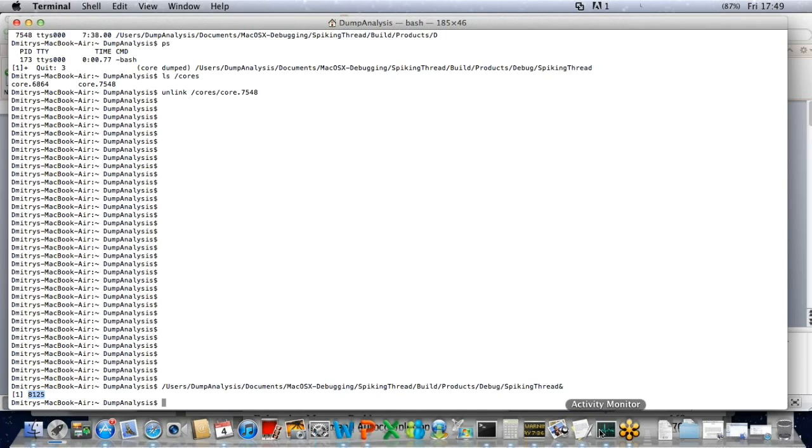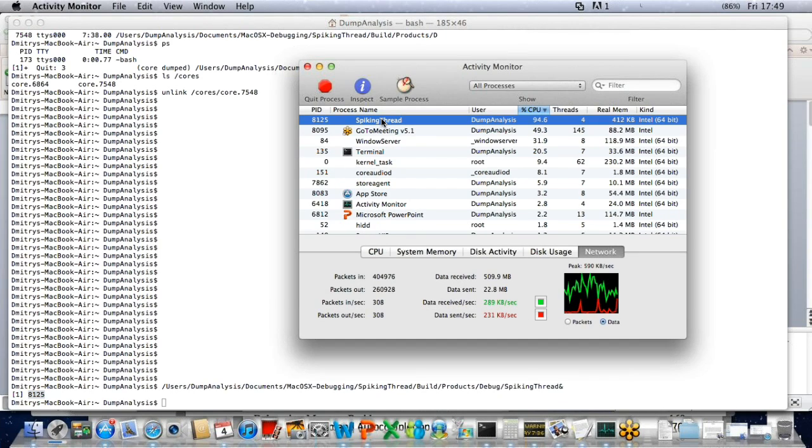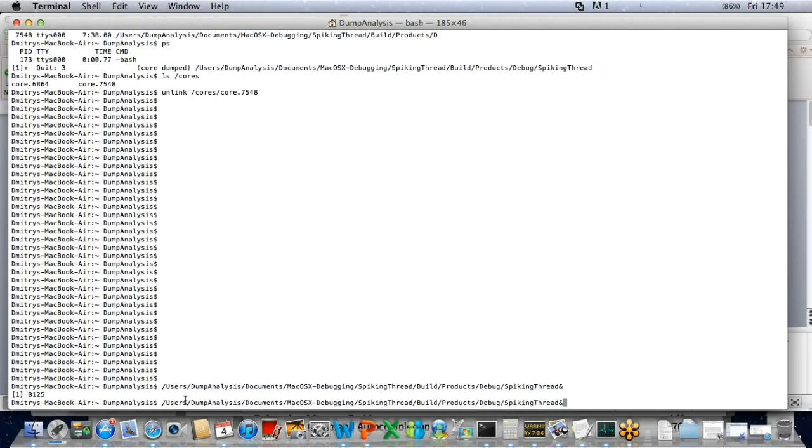If we look at Activity Monitor, we see it's spiking. And what we can do, we can send it a quit signal, and this will generate a core dump.